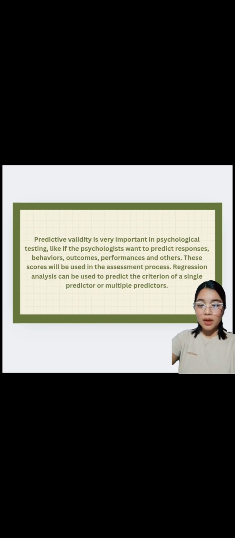It is important for tests designed to assess future outcomes. Also, predictive validity is very important in psychological testing. If psychologists want to predict responses, behaviors, outcomes, performances, and others, these scores will be used in the assessment process. Regression analysis can be used to predict the criterion from a single predictor or multiple predictors.